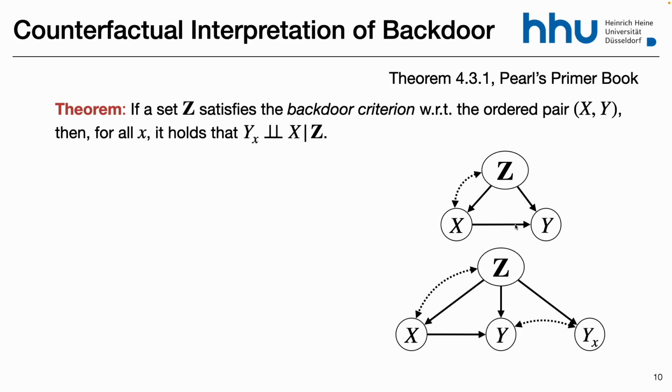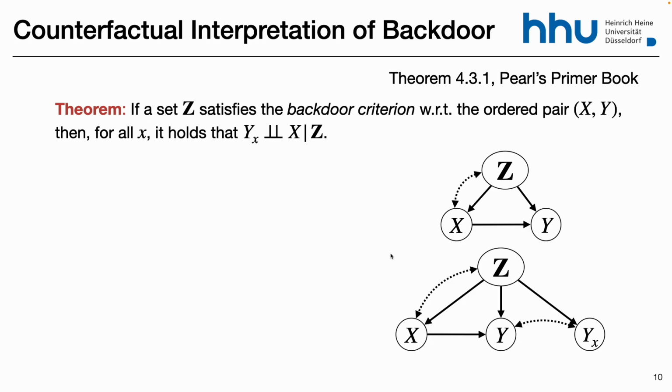So that's the backdoor graph. It's just one example, but the point is the theorem is saying that every time the backdoor criterion is satisfied by a set Z, you will have this condition being true, that Y_x is going to be independent of X given Z.